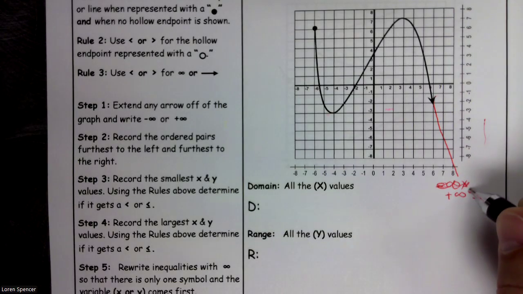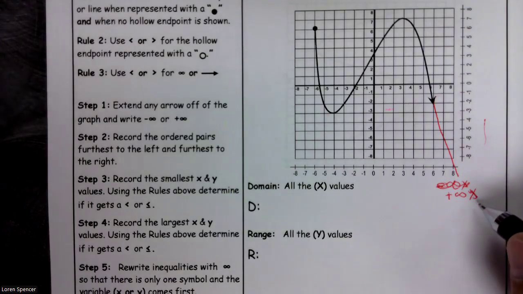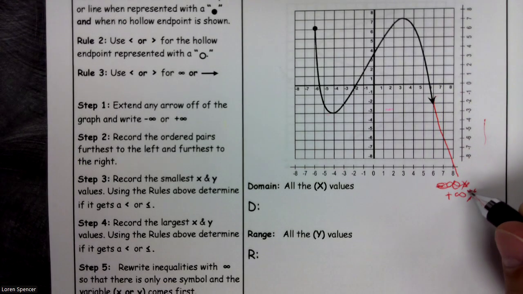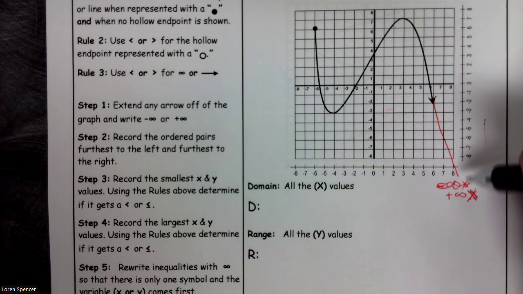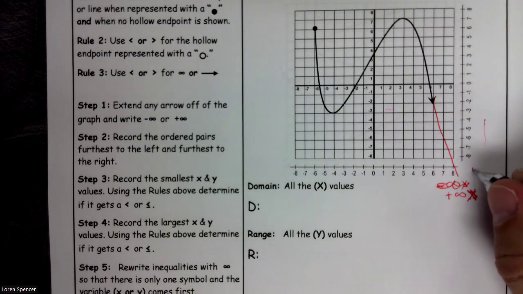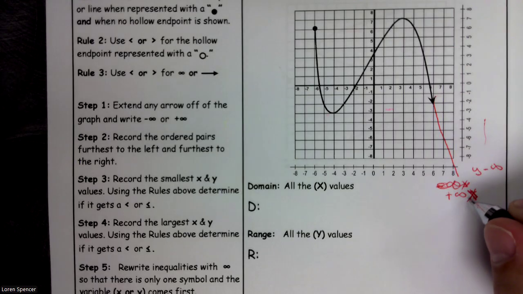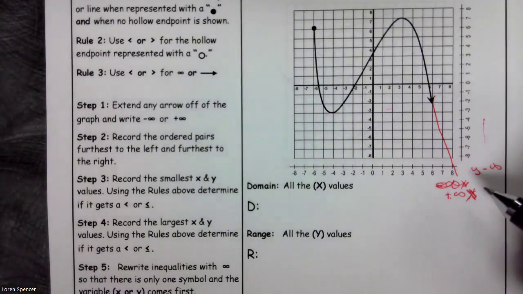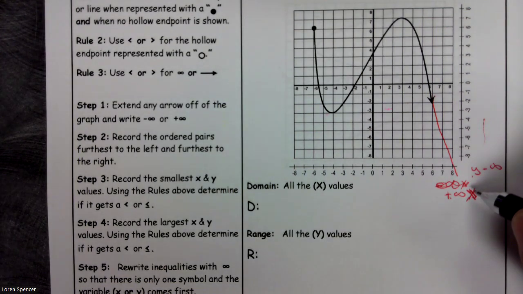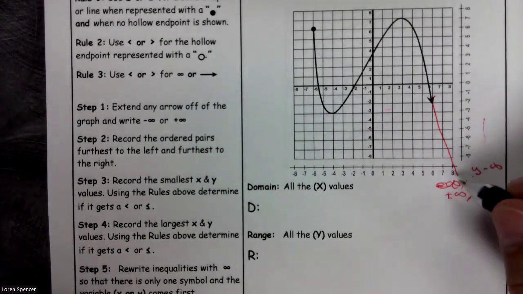In the y direction, it's clearly going down, so y goes to negative infinity. I don't care where you write them, but you need to write which one's going where.